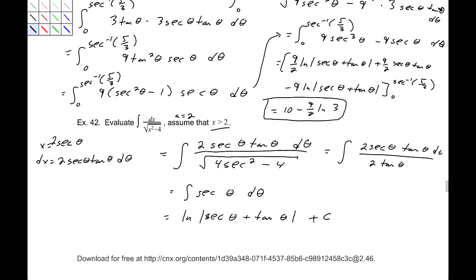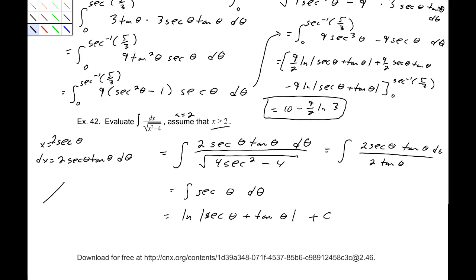Now, we need to determine, based on a triangle, what these are going to become. So, secant is 1 over cosine, so this is hypotenuse over adjacent. Secant is x over 2.